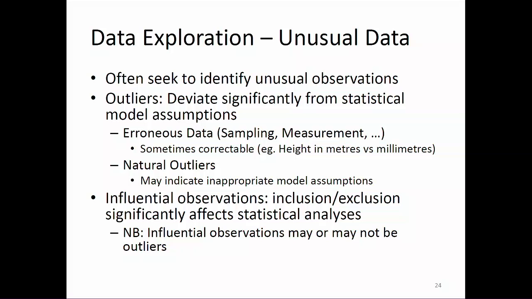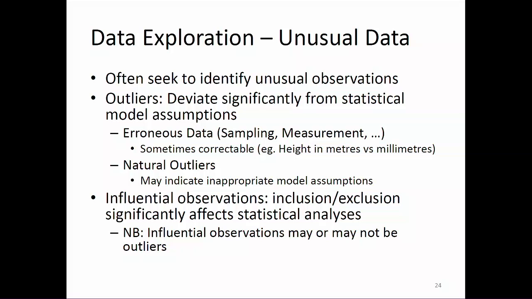So what are they? They're values, numerical values that deviate significantly from your underlying assumptions. They might be errors, they might be natural outliers. Regardless of where they come from, they're probably points that you want to dig a little bit deeper into to try and understand, is this really something unusual that I want to understand something more about?